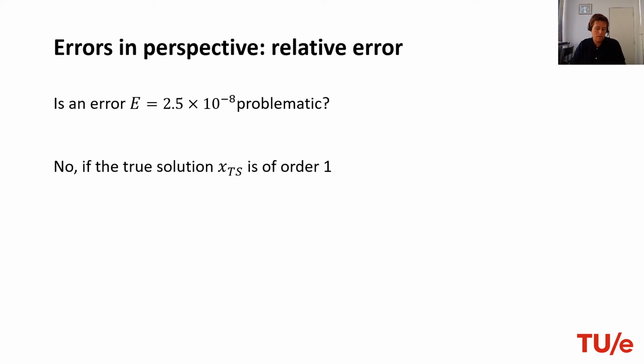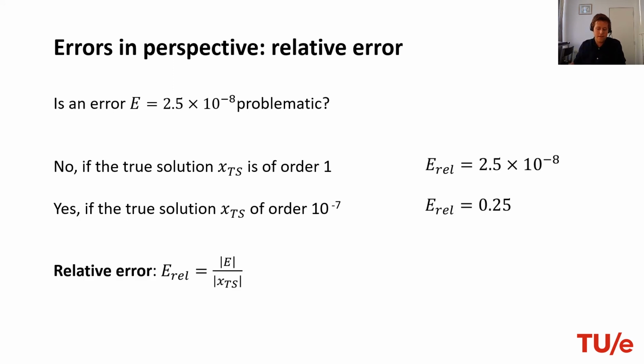Well, this is definitely not problematic as an error if the true solution is of order 1, because then the error is much smaller than the solution, and we can indeed say this is a small error. If on the other hand the true solution is of the order 10 to the power minus 7, in that case I would start having my doubts because the error is not much smaller than the solution itself.